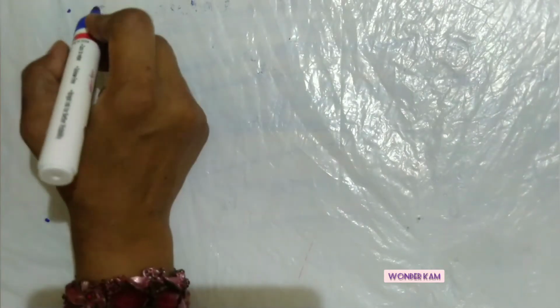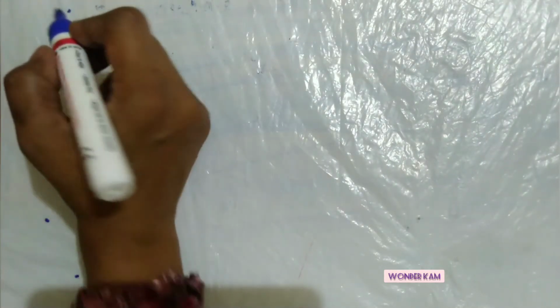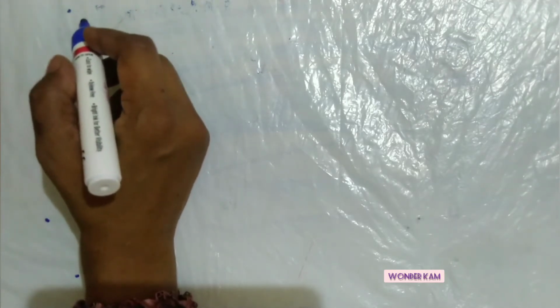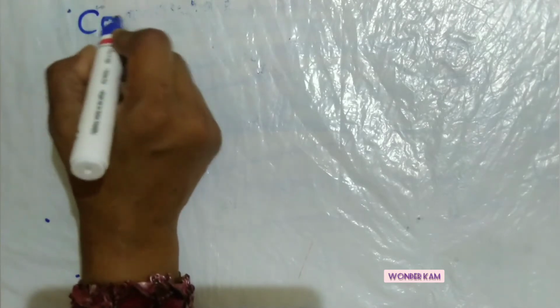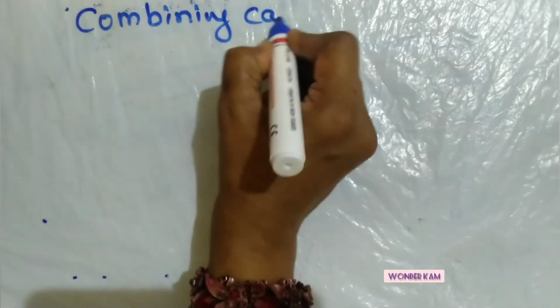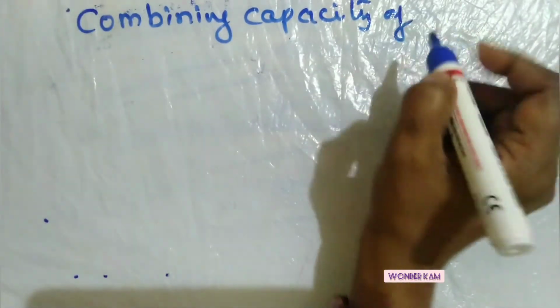Now coming to writing the formula of a compound, you should know how to write it. For that we need the combining capacity of an element.